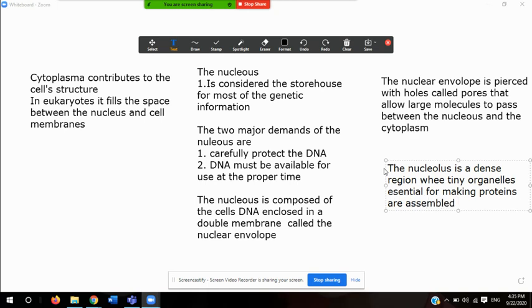So here's where structures like the ribosomes and other organelles that are important in protein synthesis are structured.